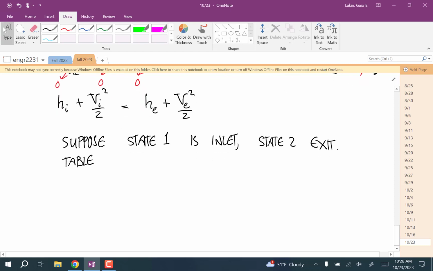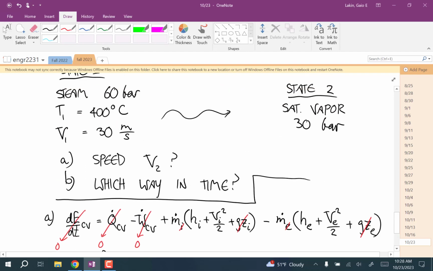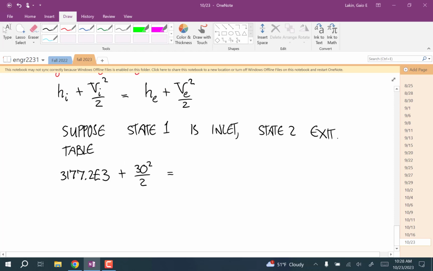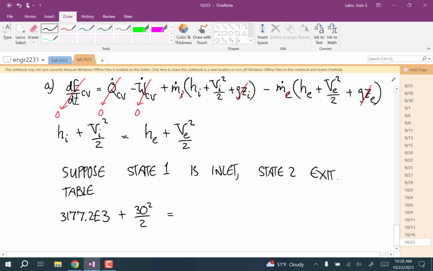So we have 3177.2 times 10 to the third plus the speed at state 1 squared over 2. So that's 30 squared over 2 is equal to, do we have what we need to look up the enthalpy at the exit?